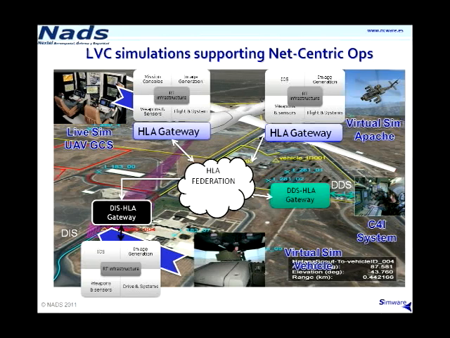Another problem is, since there is not a universal HLA data model, you will probably have to modify the simulator gateway component in order to federate the new simulator. That is, there is also no universal gateway. Now, we will federate the vehicle virtual simulator. Here we have another problem.